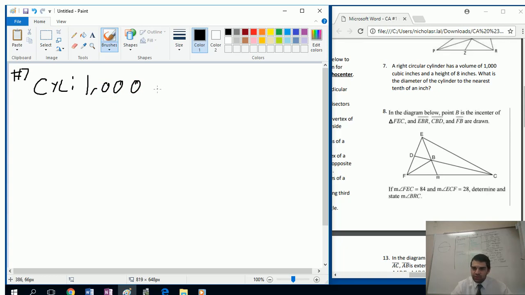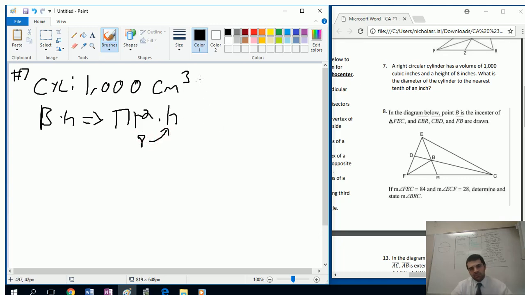And so that's our volume. And let's look at the volume formula for a cylinder. It's going to be the area of the base times height, or to be more specific, pi r squared times the height. And the height is 8 inches.